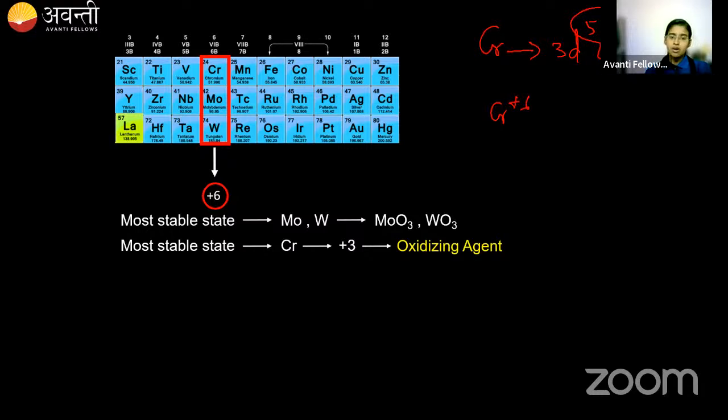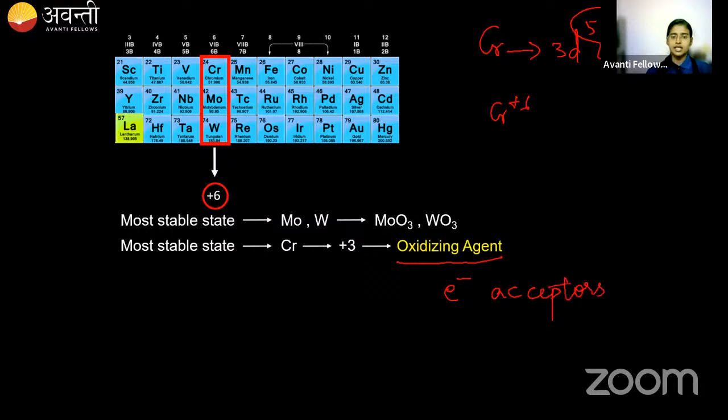So what is meant by oxidizing agent? Can anyone give me the definition for oxidizing agent? Oxidizing agent means, what is the definition, students? Oxidizing agent means electron acceptors.